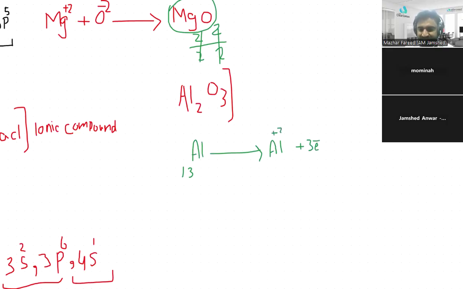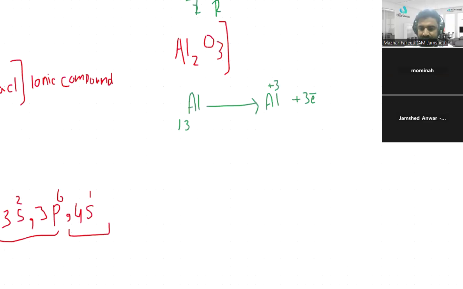And the second element that is forming an ionic bond with aluminum is oxygen. You know that oxygen is present in the 6th group.